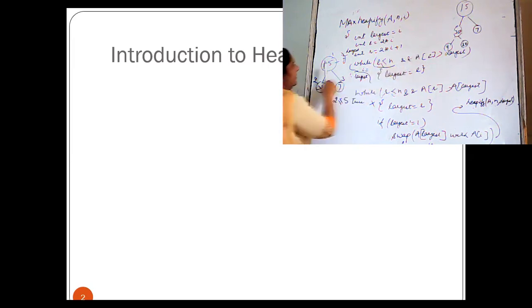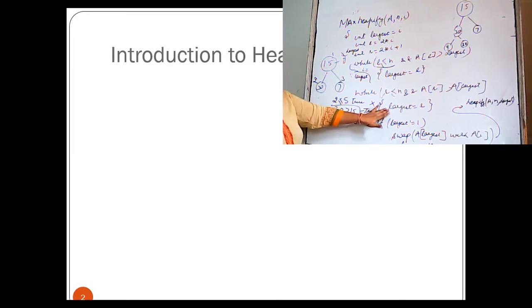A of L, that is A of 2, 30 is greater than 15, condition is true. So largest will be equal to L. Largest will be equal to 30.